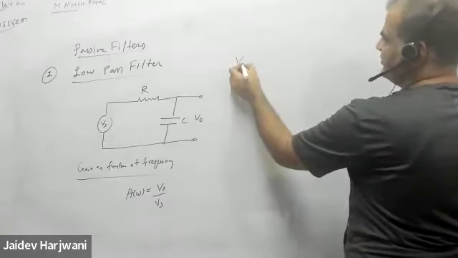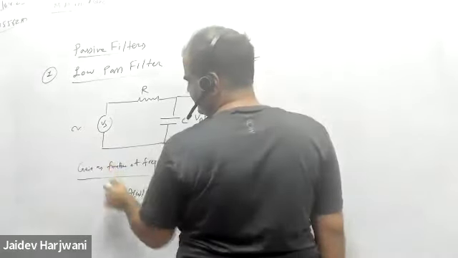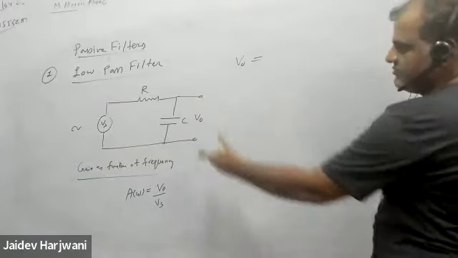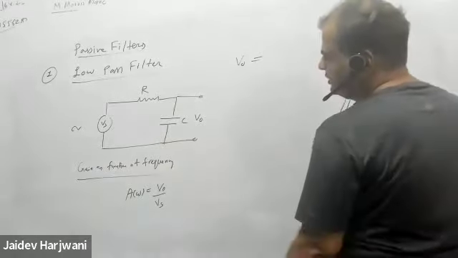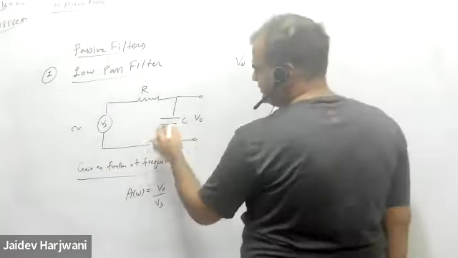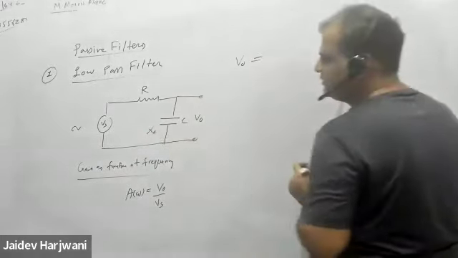Now we are using an AC source because there are different frequencies; it's not a DC source. For DC the capacitor will be open. For AC, the capacitor behaves like a reactance, and for impedance we write XC.